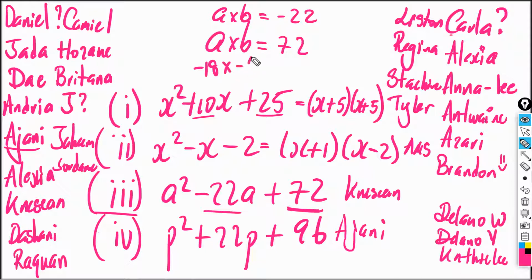Negative 18 times negative 4 will give me the positive 72 and, hold on, sorry. Let me change this one to a plus. And negative 18 minus 4 will give me the negative 22. How did you come up with the 18 and the 4, bro? It took a while to figure it out? Yes, sir. They're kind of rough still.